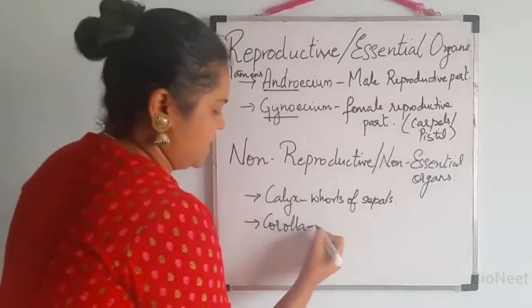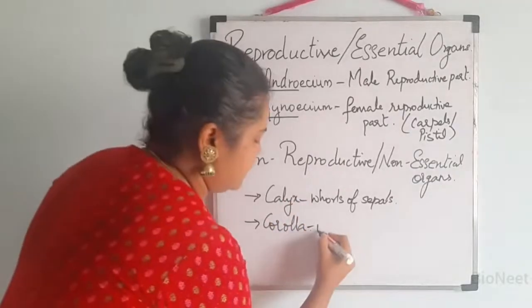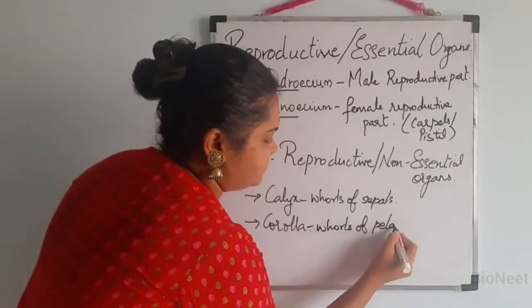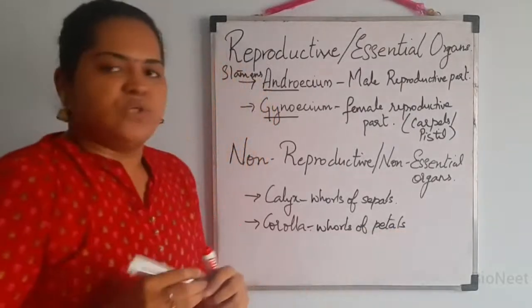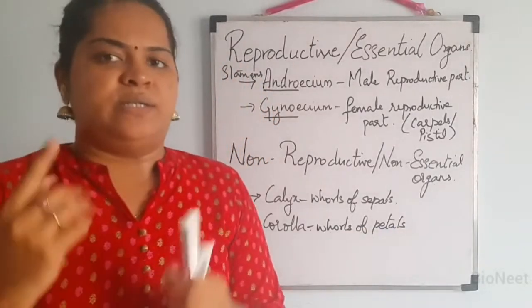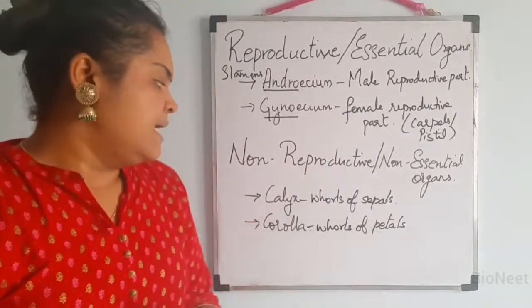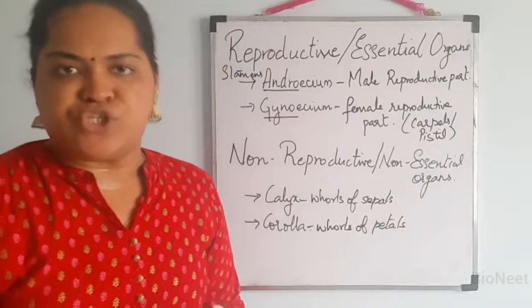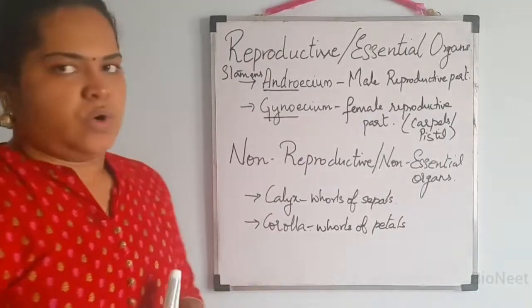Okay, same goes with corolla. Corolla is nothing but the whorl of petals. If it is one colored structure, then it is a petal. If it is a whorl or a group or a bunch of petals, it's called a corolla.